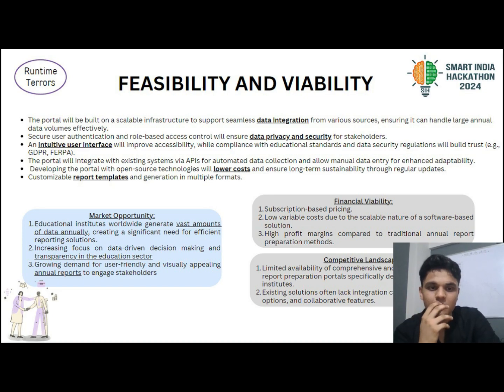For example, there is Canva, but they don't have a better annual report. These are the things we have given here for the first answer.